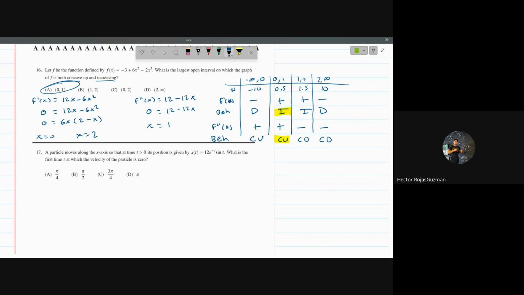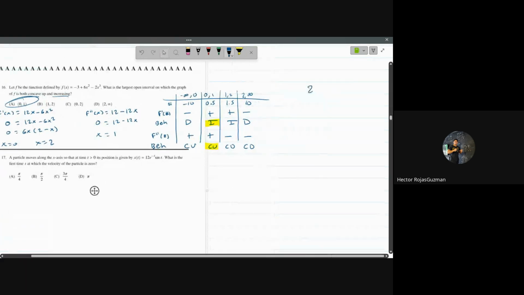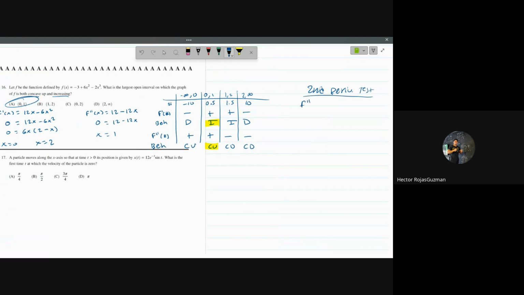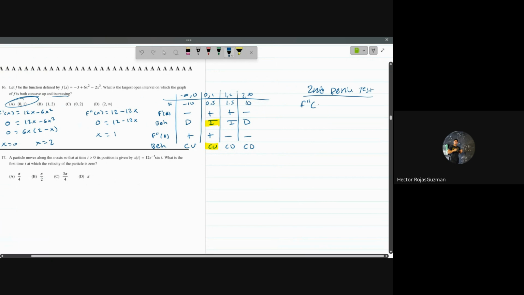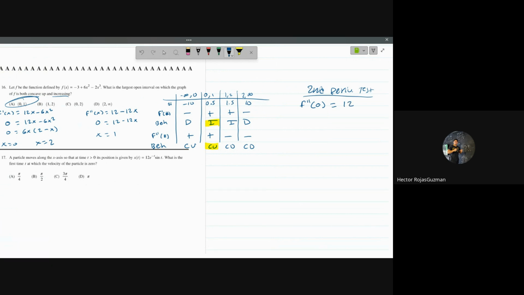I think there could be a faster way. Let's just explore this, all right? I don't know if it's going to work out, but this is the second derivative test. You basically take your second derivative and you plug in the critical points of the first derivative, so 0. If you plug in 0, you get 12. Because it's positive, that means we're going to have a concave up function.